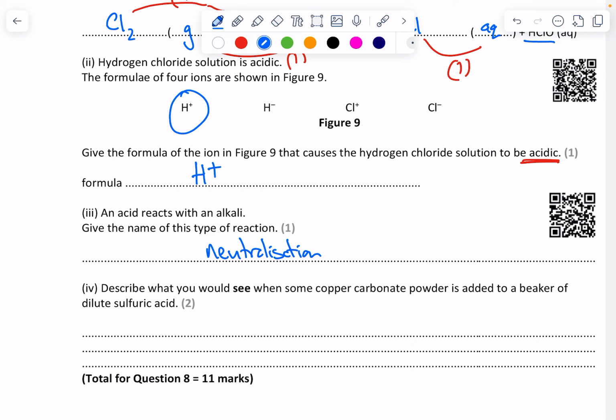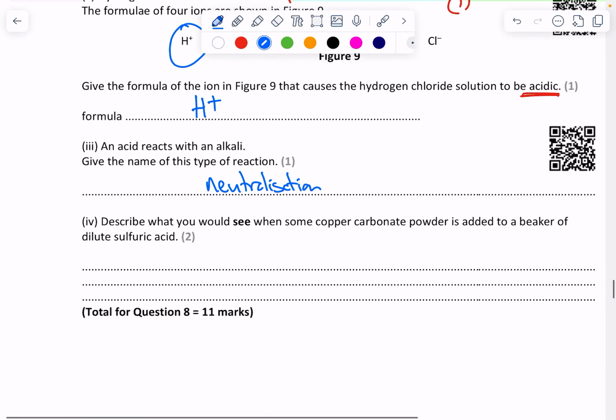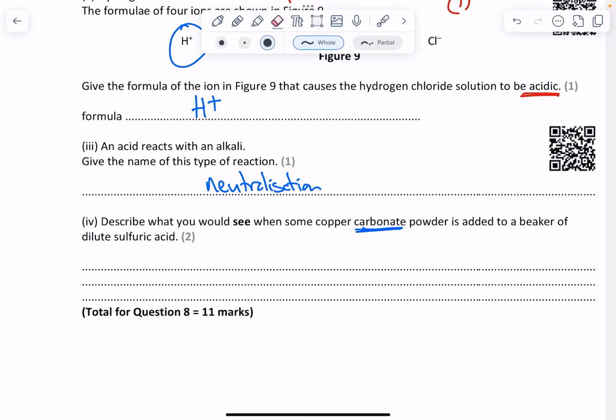And the final one is describe what you'd see when copper carbonate is added. So when you add a carbonate to an acid, you are going to get bubbles produced as carbon dioxide forms. So the first thing I'm going to write in here is it would fizz as a gas is released.